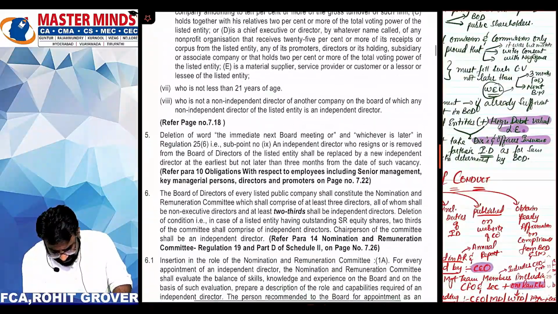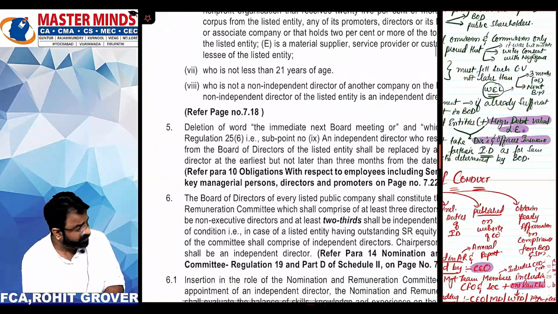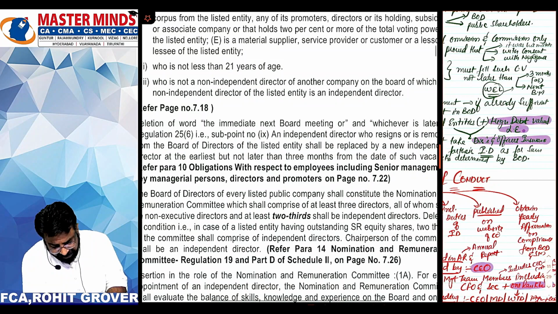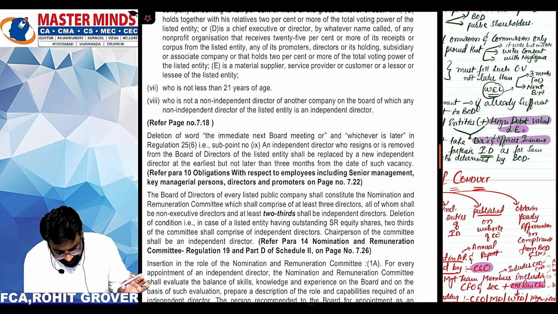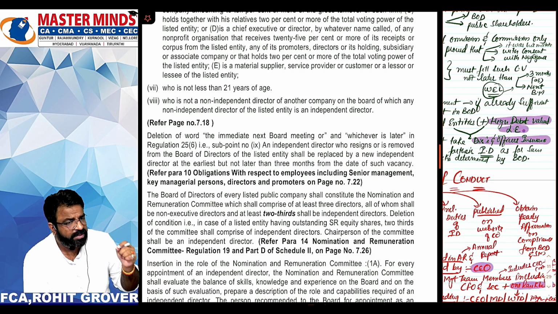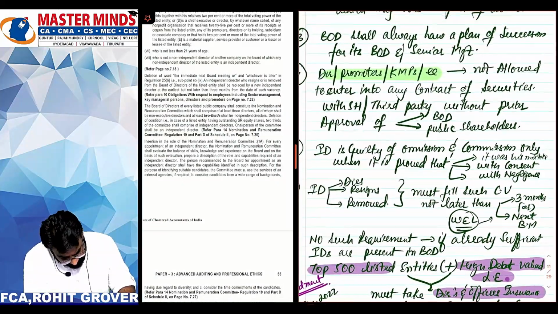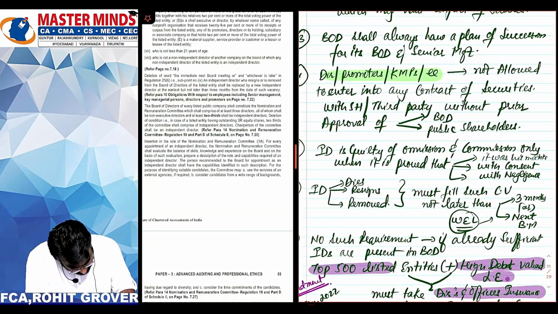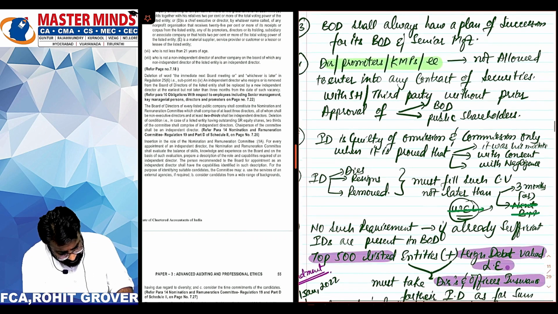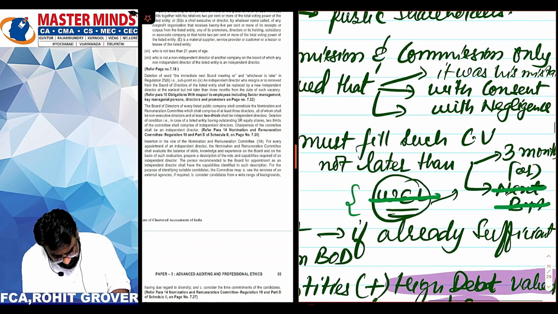Read point number 5, everyone. Deletion of the words immediately following, board meeting or whichever is later. It means now the new independent director has to be appointed within 3 months. So delete that point. We are going to delete the next board meeting point and the whichever is later point. So these 2 points have been deleted. Clear?